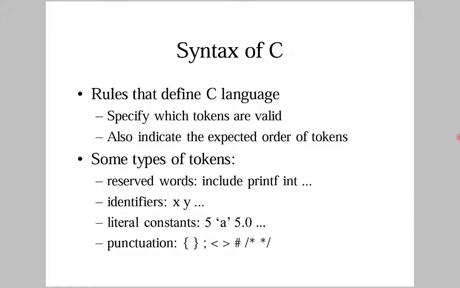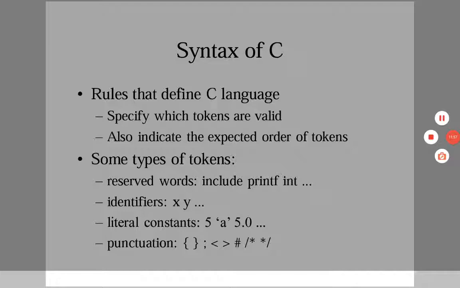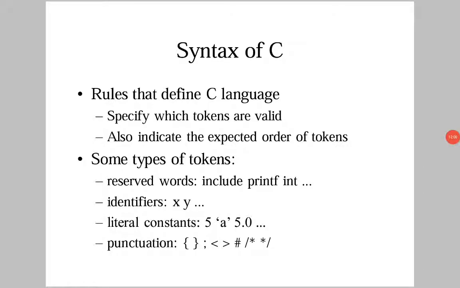The rules that define C language specify which tokens are valid, and also indicate the expected order of tokens. Reserved words and keywords are reserved for specific uses and are not used as variables. Identifiers are variables used in programs, and before using any variable it should be defined clearly.